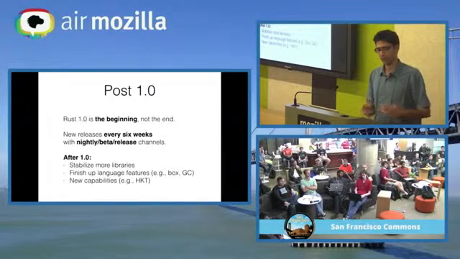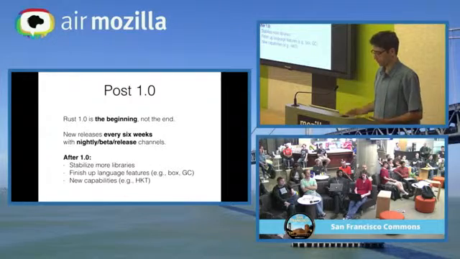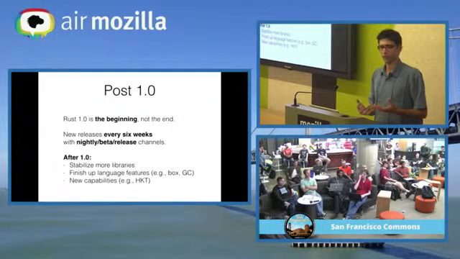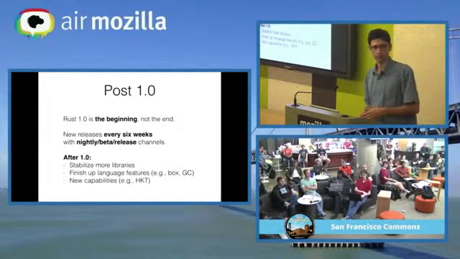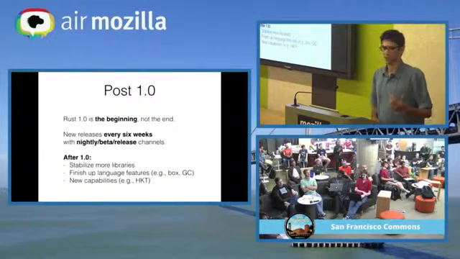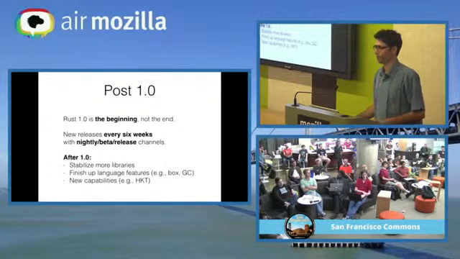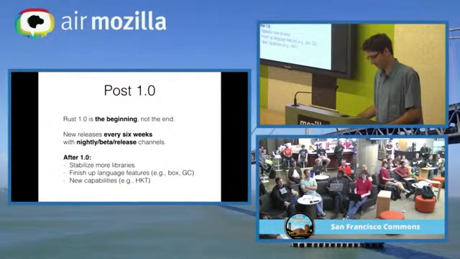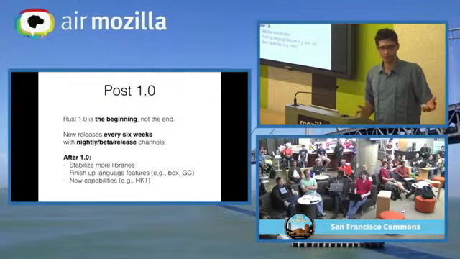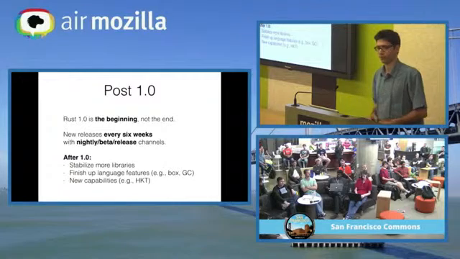So once we've got this stable core, we're going to work on building up the set of libraries, finishing up language features that are present but not fully realized, like the box keyword and garbage collected memory and so forth, and adding new capabilities too, like hierarchy types. Those are probably the nearest on the radar. I'm sure there'll be more. But all of these things we think we should be able to do without breaking anything, without having to change basically this core language that we've got.